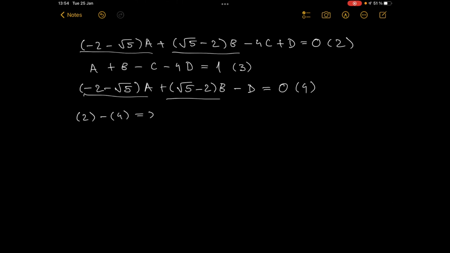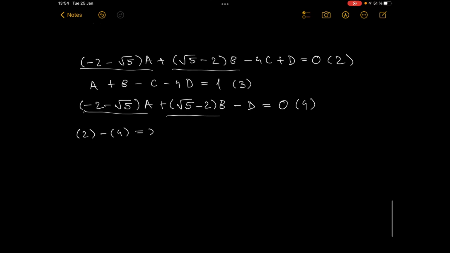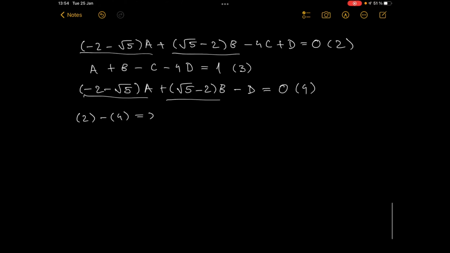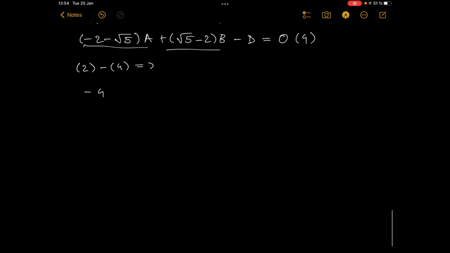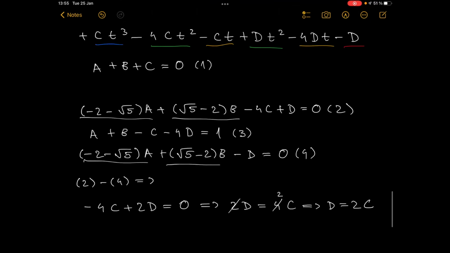So I'll get that minus 4c plus 2d minus 4c plus 2d is equal to 0, or that 2d is equal to 4c, or in other words, d is equal to 2c. Okay?